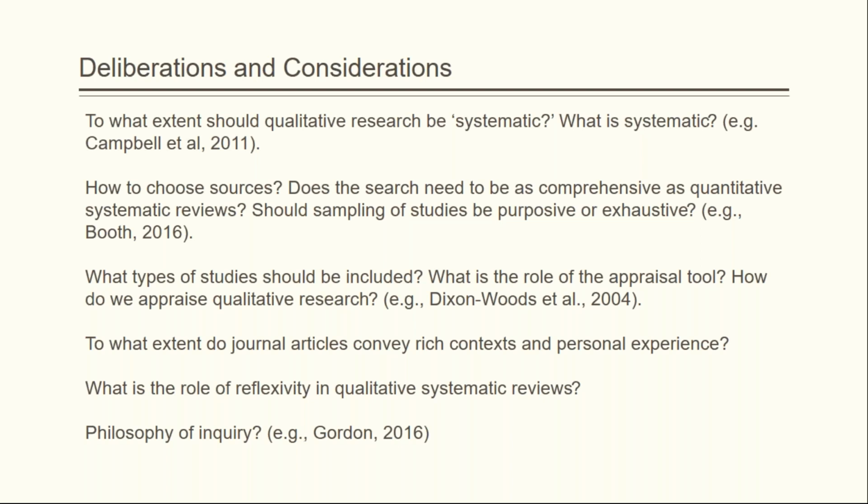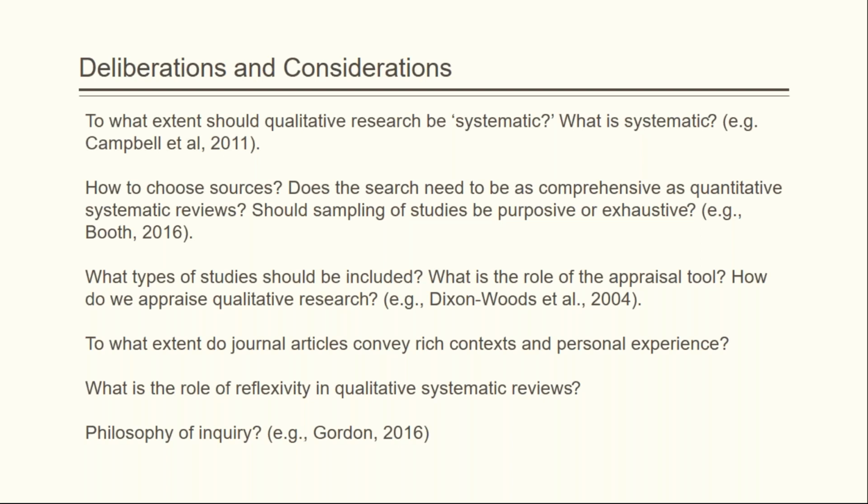So in general, individual positions on all of these and other issues will always be dependent on the overarching paradigm or philosophy of inquiry that guides the review. Mixed methods and qualitative reviews have been described as having pragmatic or critical realist, constructivist or interpretivist, and certainly post-positivist orientations.